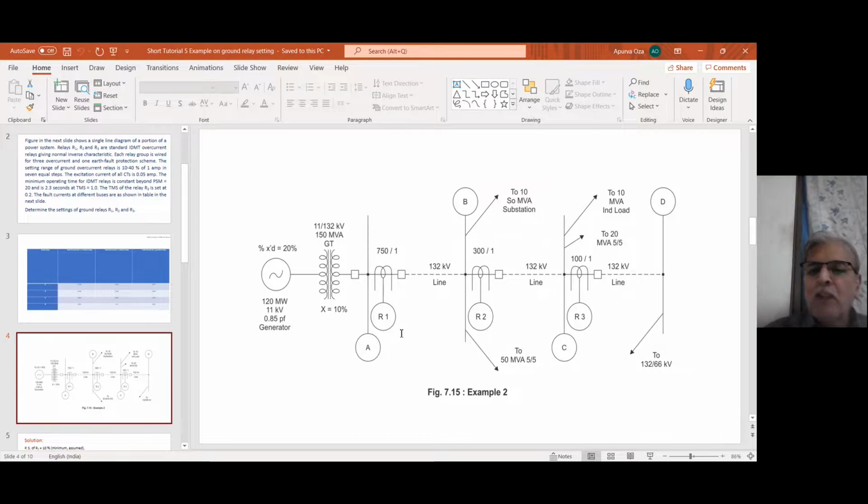What is the value of PSM for fault current 3000? That is a very simple thing which they are not able to calculate, because plug setting 100% means 1 ampere in secondary, 300 ampere in primary. Fault current is 3000. 3000 upon 300, that is fault current upon plug setting, becomes the plug setting multiplier. But this simple calculation students are failing to do.